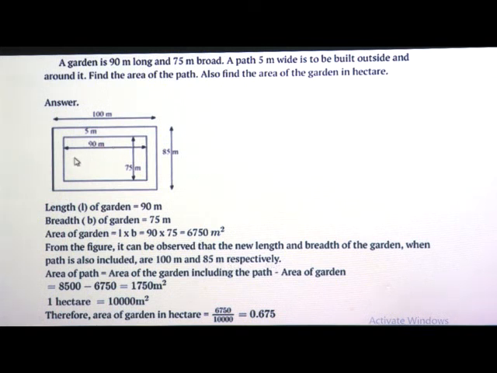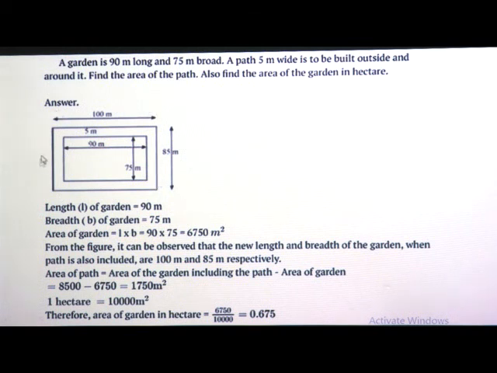When you include the measurement of this path as 5 meter wide, the new length including the path is 100 meter and the new breadth including the path is 85 meter.